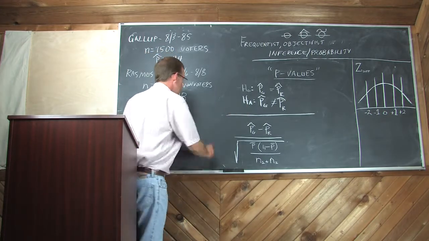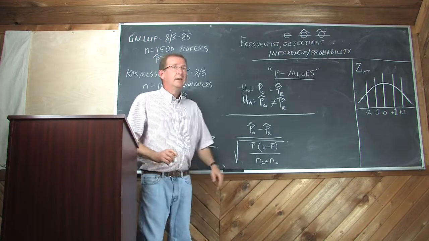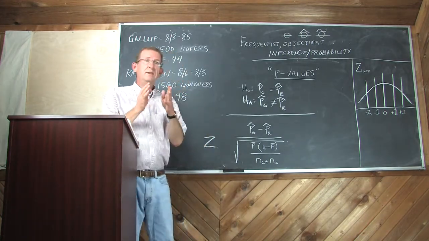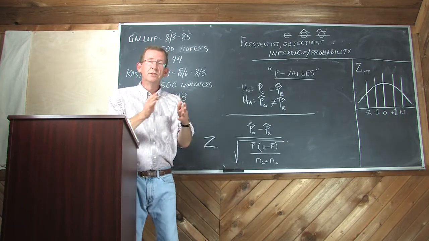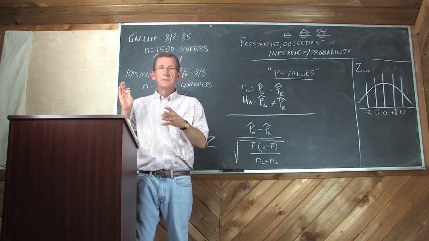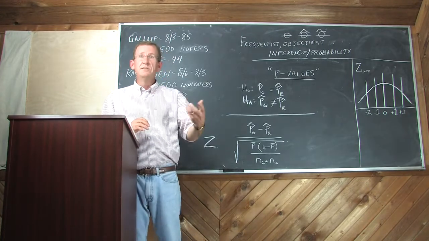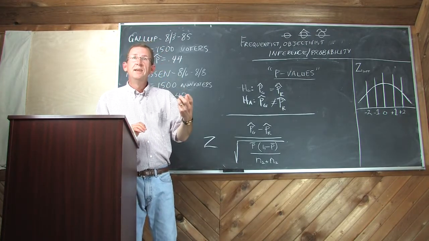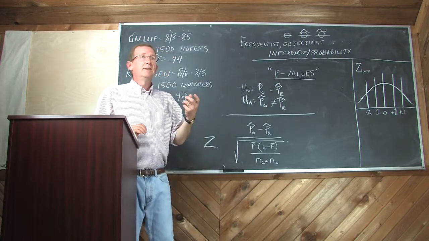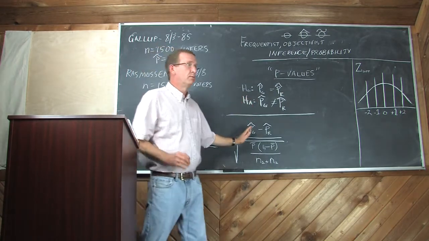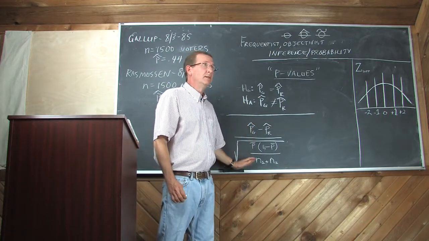So this is another z, and to cut to the chase, it's just the difference between two sample proportions, given a few assumptions. The difference between two sample proportions is also distributed normally in repeated samples, in the same way that each one of them is. I'm using proportions here because the arithmetic is very simple.